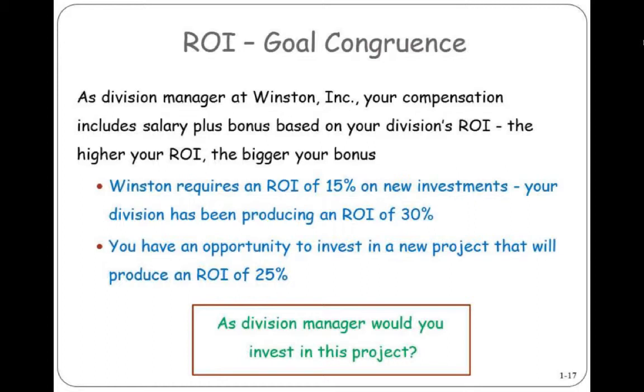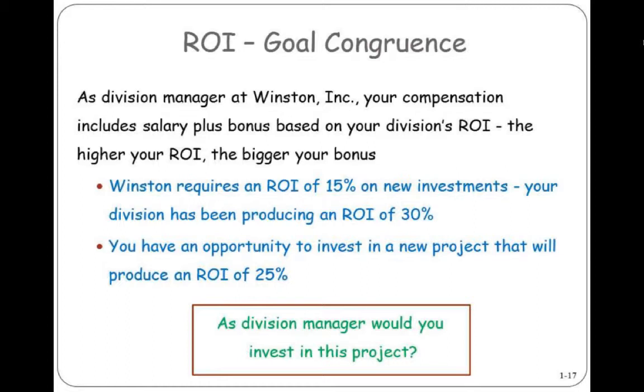And now you have an opportunity for a project for 25%. Still excellent, but not as good as your other return on investments. Would you do the project? With no other facts, you would not do the project because you're incented for personal best interest.